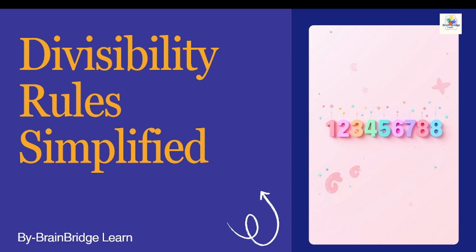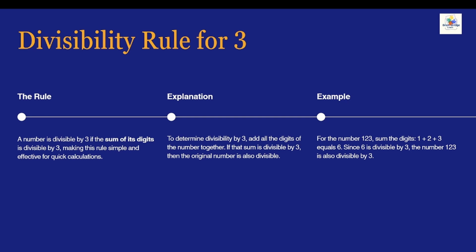So we will learn divisibility rules simplified. The divisibility rule for 3 is: a number is divisible by 3 if the sum of its digits is divisible by 3, making this rule simple and effective for quick calculations.